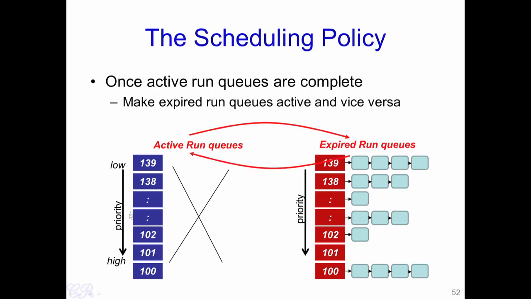When this happens, the scheduler would switch between the active run queues and the expired run queues. Now, this is the queue which actually becomes active, while this becomes the expired run queue. For consecutive time slice completions, the scheduler would pick tasks from this particular queue and execute them. After execution, these tasks would be moved to this queue over here, which is now the expired run queue.